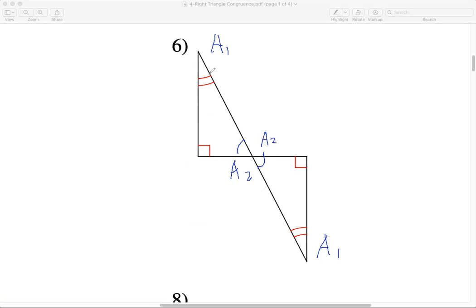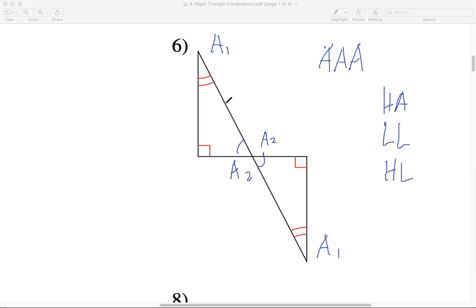Now, there are no sides known to be congruent as labeled, right? There are no sides labeled to be congruent. So we have angle, angle, and the right angle here is still an angle. But we don't have a theorem using the three angles of the triangle, or specifically the right triangle. So since we cannot use the HA, we cannot use the leg, we cannot use the HL or the hypotenuse leg theorem.